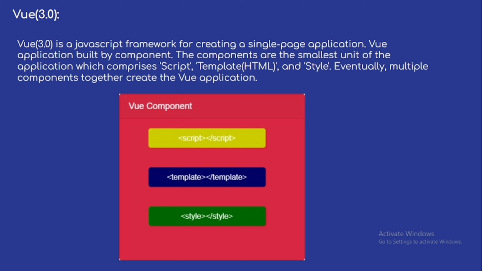Inside of the script, we are going to write our normal JavaScript code using Vue.js default functions. In the template, we are going to add HTML content, and in the style tag, we are going to add CSS content. Okay, that is a simple overview on Vue component.